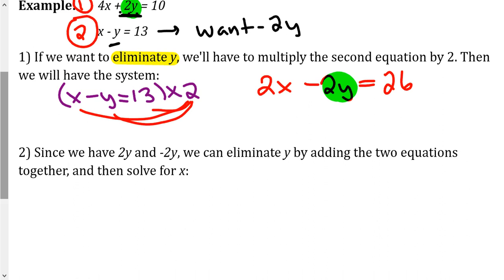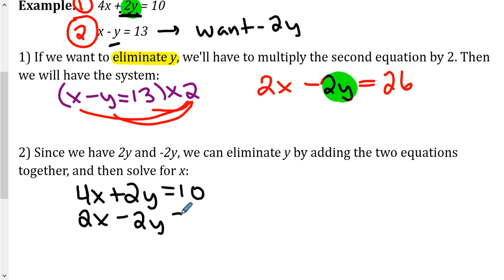I'm going to stack these on top of each other. This is going to look really similar to the long addition that we did in elementary school. I have 4x plus 2y equals 10. And then right below it, I'm going to write our new equation: 2x minus 2y equals 26.